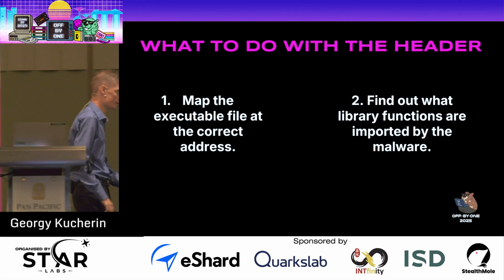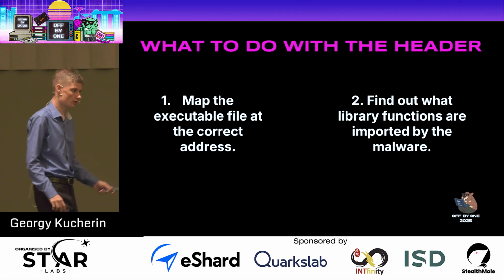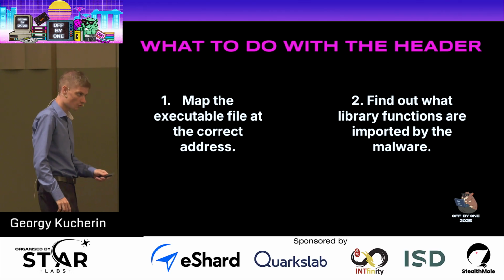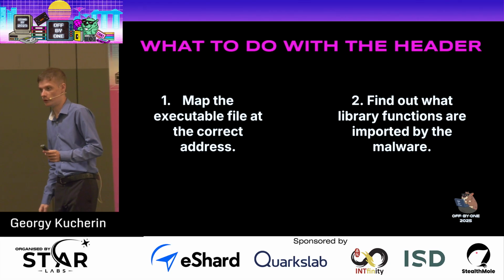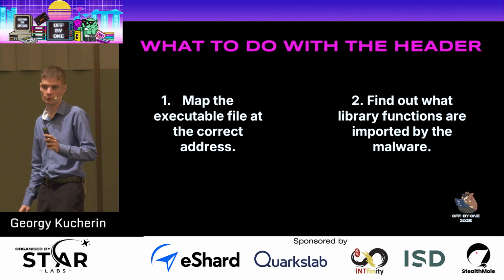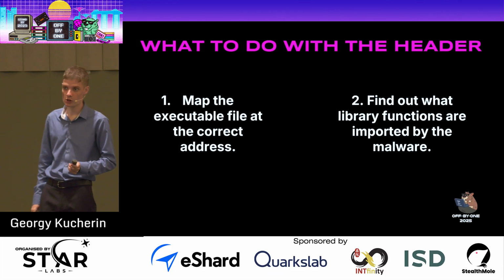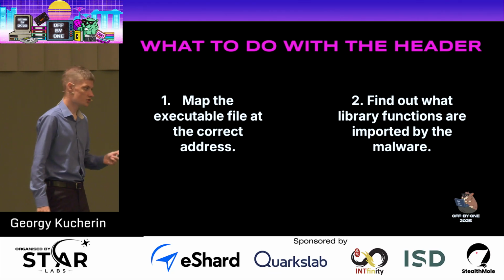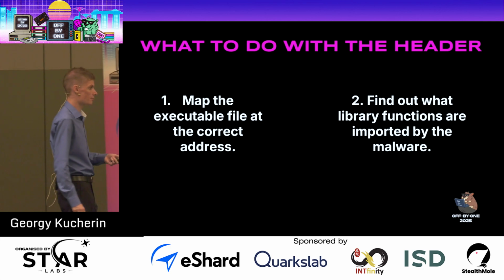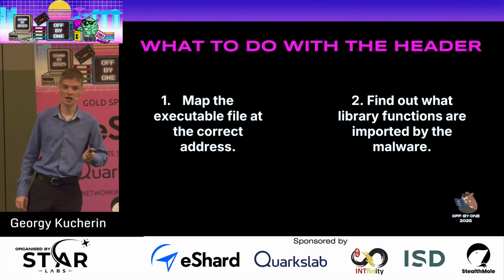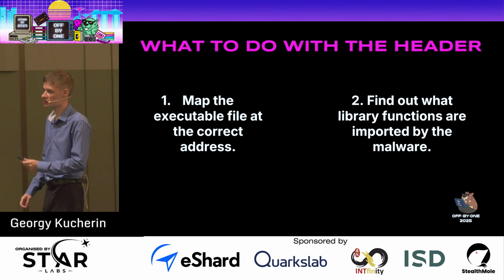So now what we have to do is manually load the executable file into memory so we can further analyze it. We do it because IDA previously failed to perform the loading correctly. Speaking about loading, this process involves two steps. First of all, we need to map the executable file at the correct address in the IDA database.